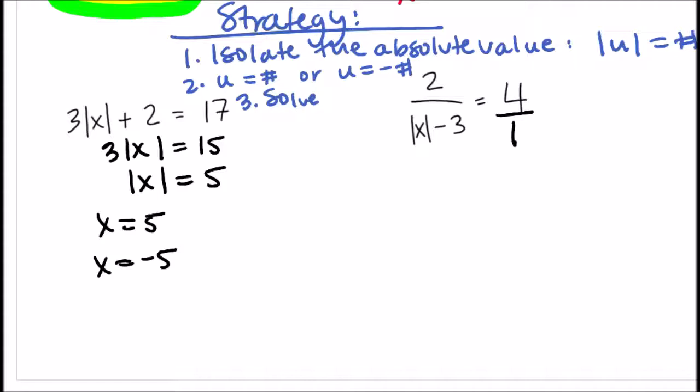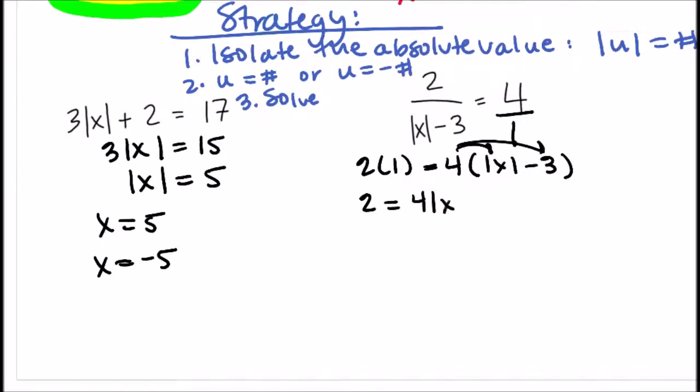So I'm going to have 2 times 1 is equal to 4 times absolute value of x minus 3. Okay, so I've got 2 equals, I'm going to distribute here, 4 absolute value of x minus 12. I'm going to add 12 to both sides. I'm going to divide by 4.